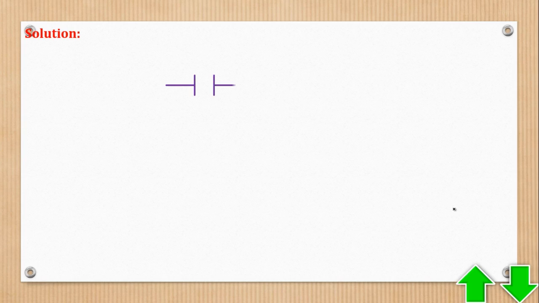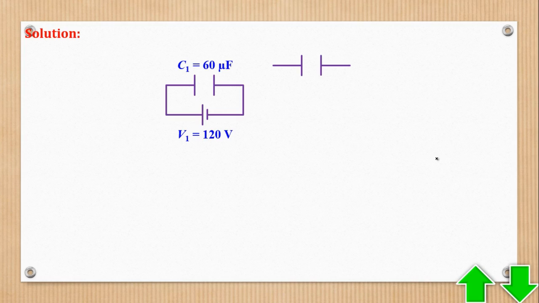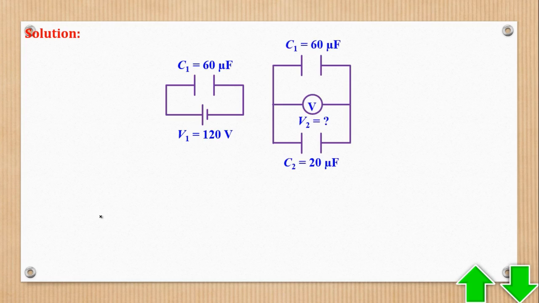So first we can illustrate, that is before connection, then after connection it will be this. The PD after connection is the one they want, and that will be V2.